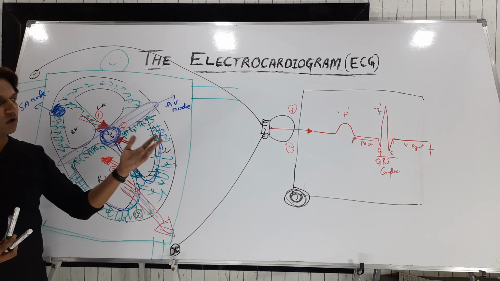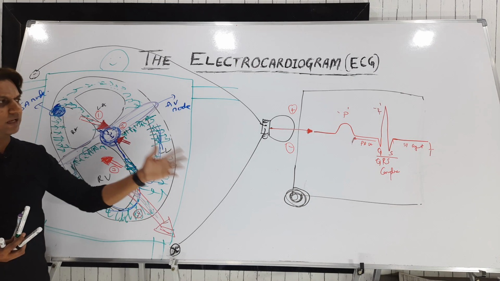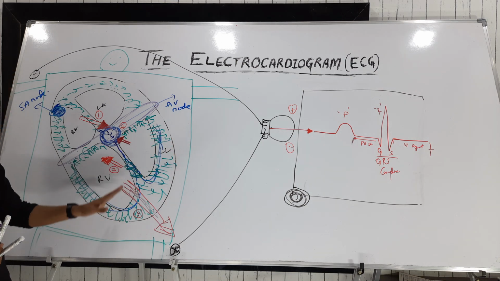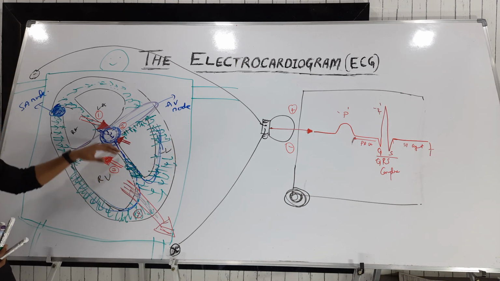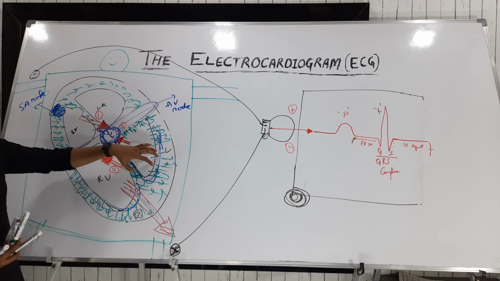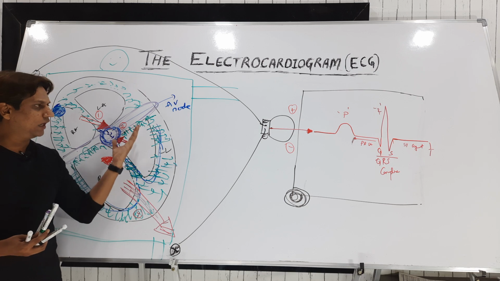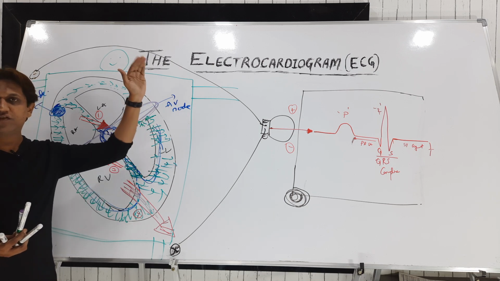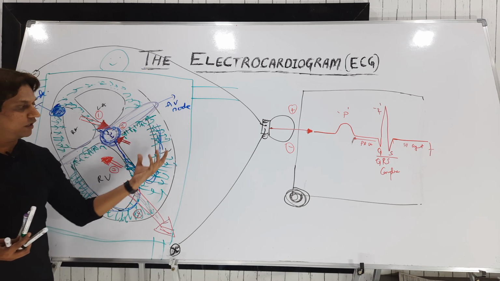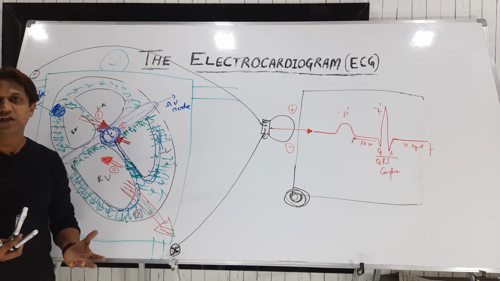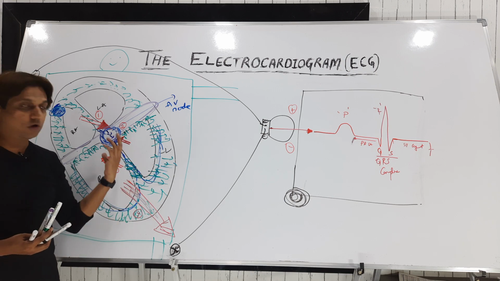Further on we will discuss the different segments and intervals, but for now remember it is known as the ST segment. After some time, after the plateau phase, repolarization of the ventricle starts. Repolarization means negative current, so negative current will now flow.